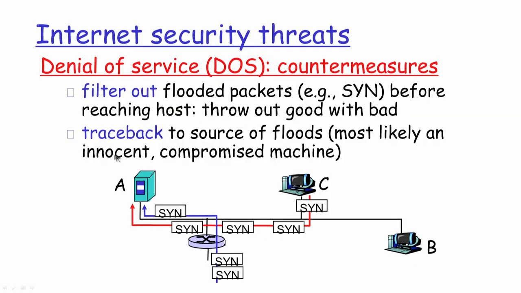So in addition to having this filtering mechanism, typically I also have a way by which I could do a trace back to the source of floods, right, which is the machine that is actually triggering this attack by trying to generate this kind of heavy traffic with the sole intention of bringing down my server, right.